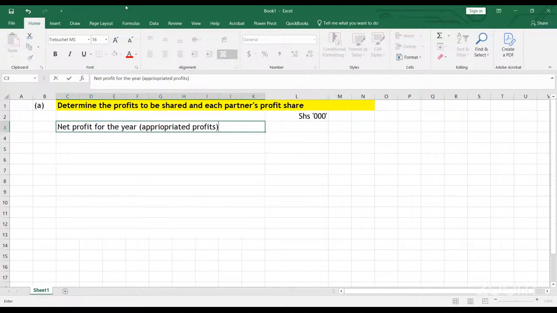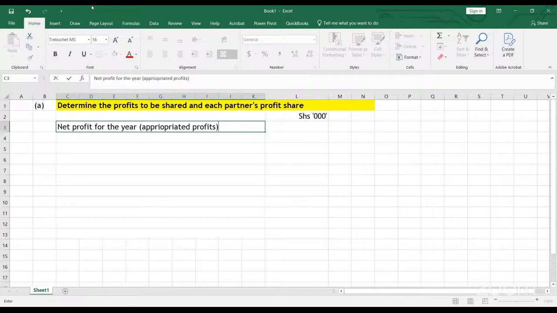Someone read for us the figure of the appropriated profits. How much are the profits appropriated? Yvonne, how much are the profits appropriated? Members, how much is the profit appropriated? Take the additional information.